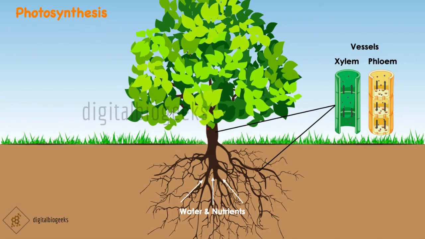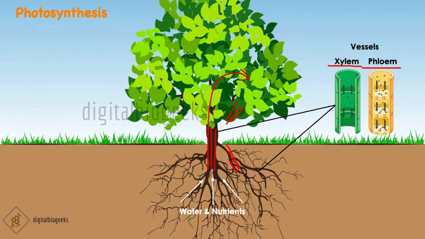These tiny pipe-like passages are called vessels. There are two types of vessels, xylem vessel and phloem vessel. Through these vessels, water and minerals reach the leaves.